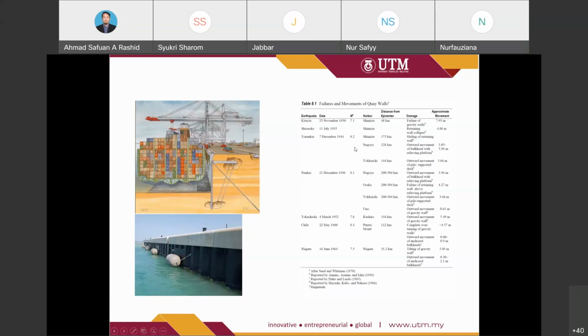For example, the Kitaizu, Shizuoka, Tonankai, Tokachi-oki earthquakes, and there was one that happened in Chile, and the last one also happened in Japan.